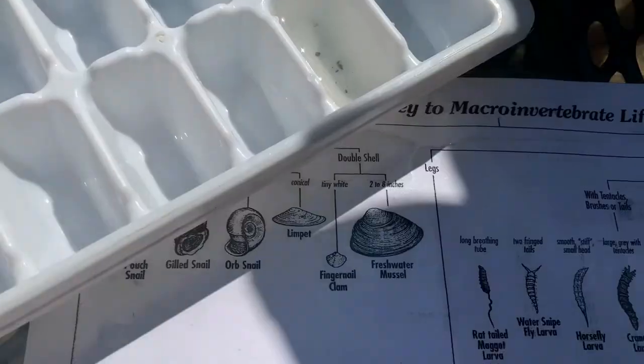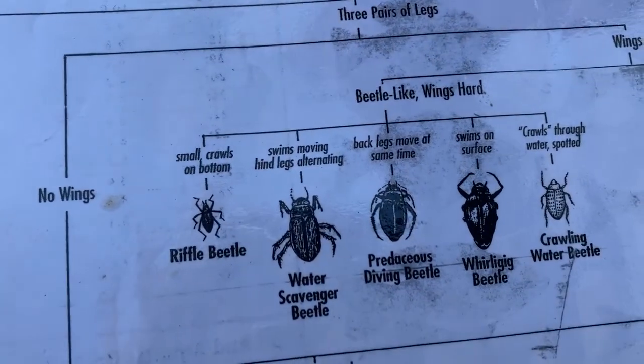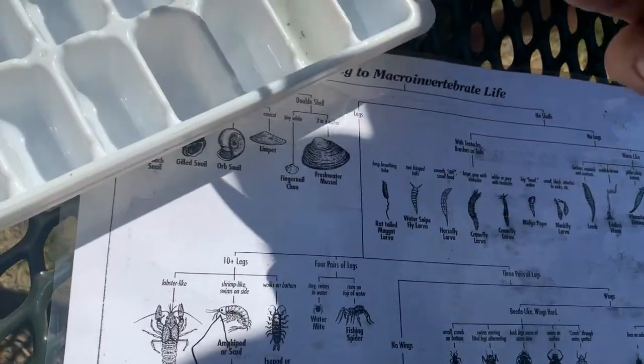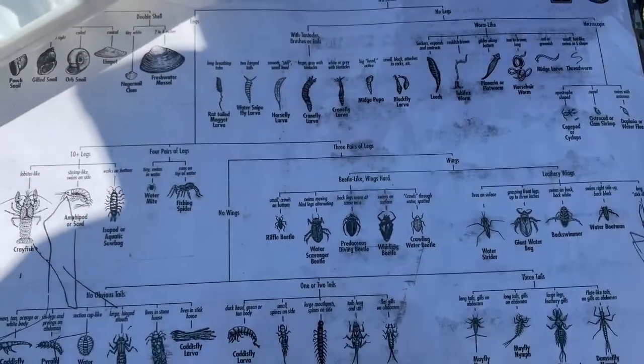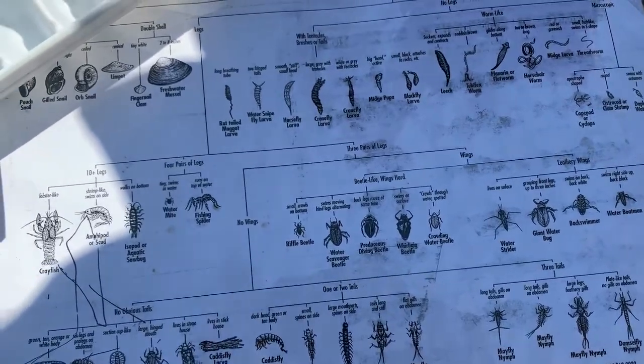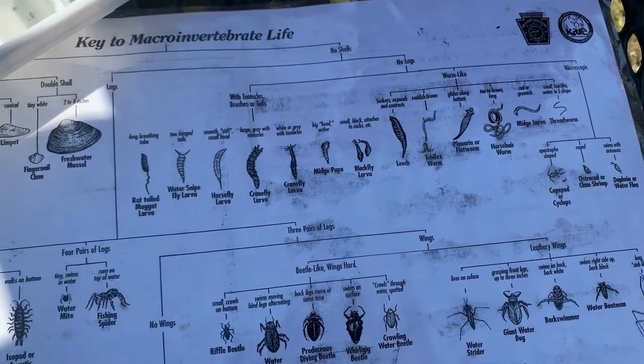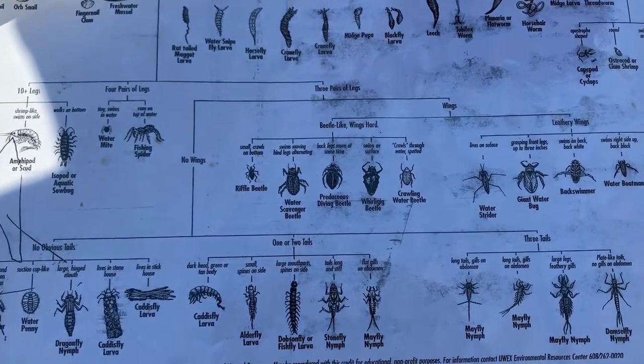What you want to do is look at its features and then see if you can match it to whatever's over here in your key. The whole point of the key is that, once you identify what it is, we would know which of these organisms prefer polluted water, and some of them prefer clean water.